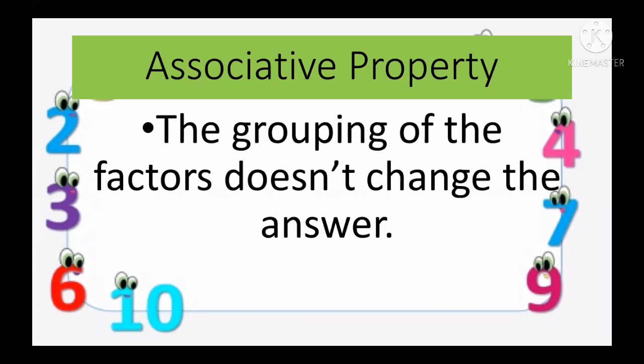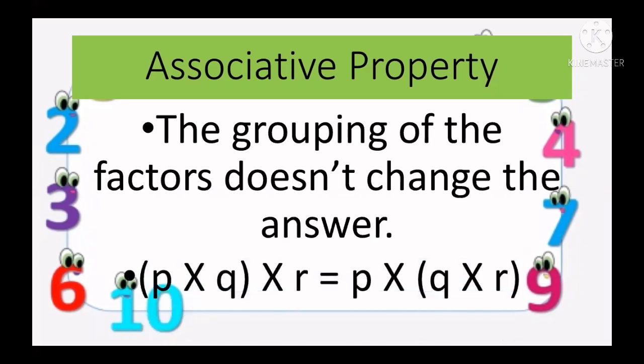If we say groups of factors, we have 3 or more numbers in a problem. It's like this: P times Q, that's the first group, times R equals P times the other group, Q times R. To understand more about this, I will show you here.